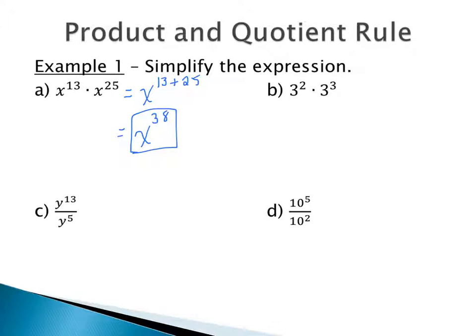Now this is where sometimes students get confused: if we have a number as a base, it's still going to be the same process. So if we have 3 squared times 3 to the third, that 3 is still staying a 3. And we're doing 3 to the 2 plus 3 to get 3 to the 5th, which is just equal to 243. I realize it might seem a little counterintuitive from what you're used to.